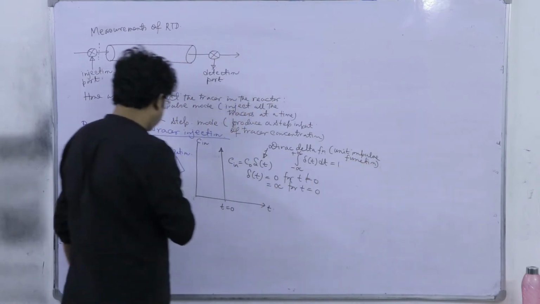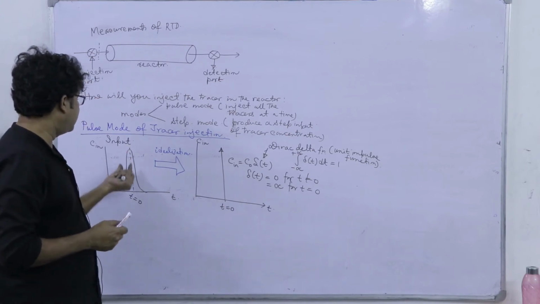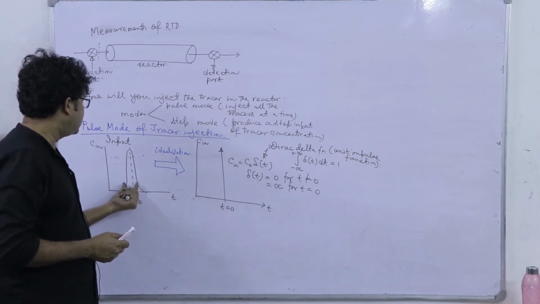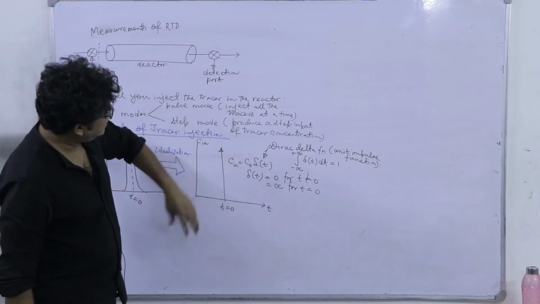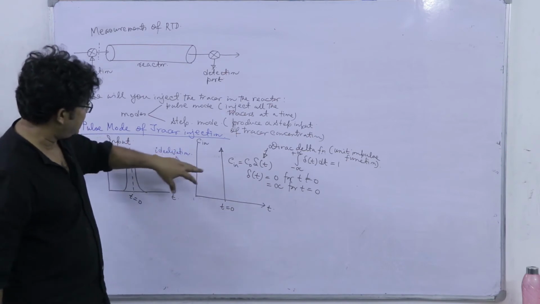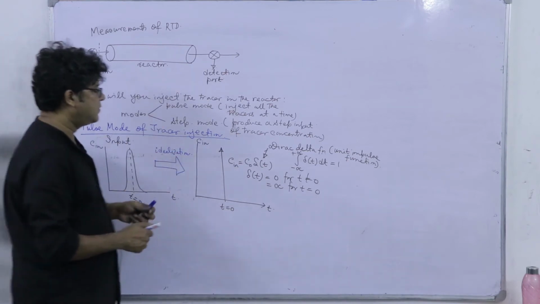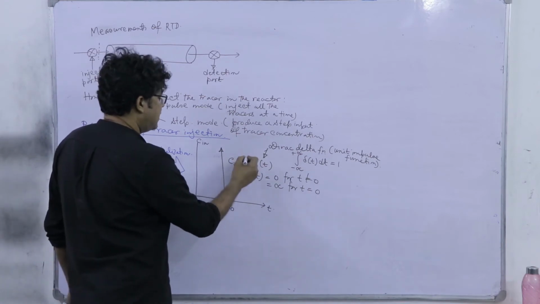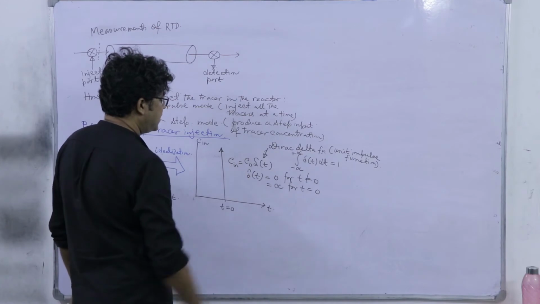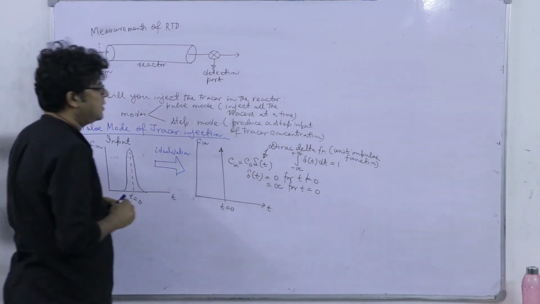But in the actual case, it is some C naught into the average span of time, right? So, if the area under the curve is equivalent, we can write it as C naught into delta t. So, it will spike and go down, right.